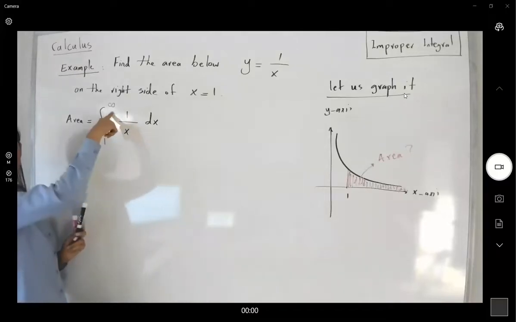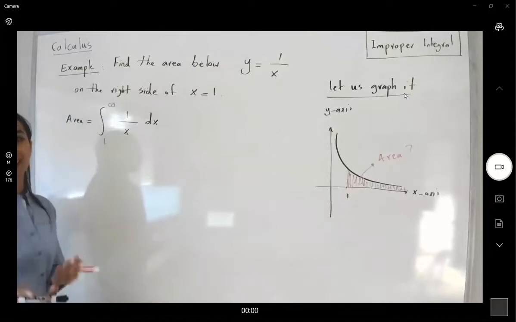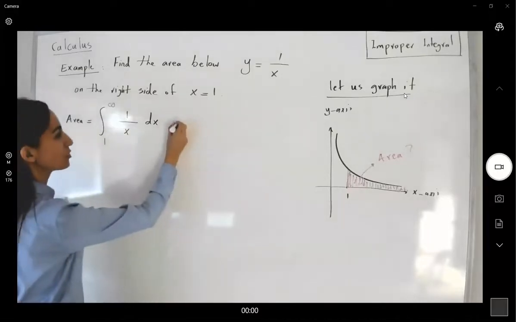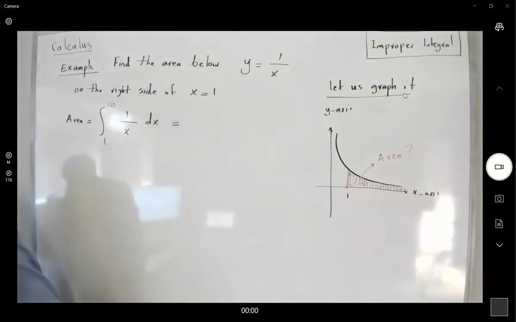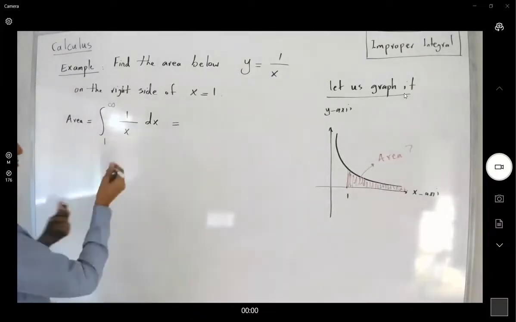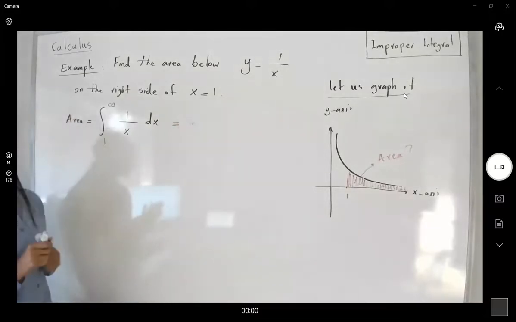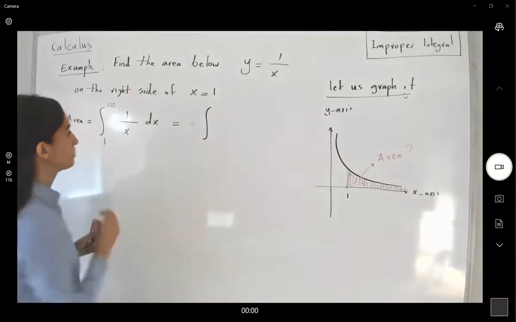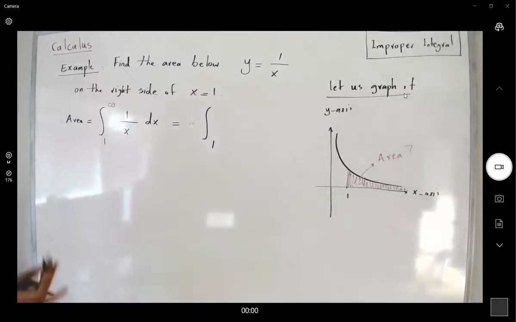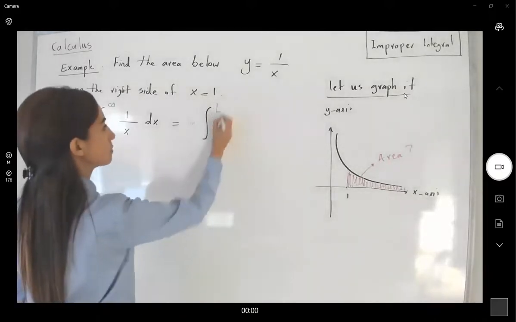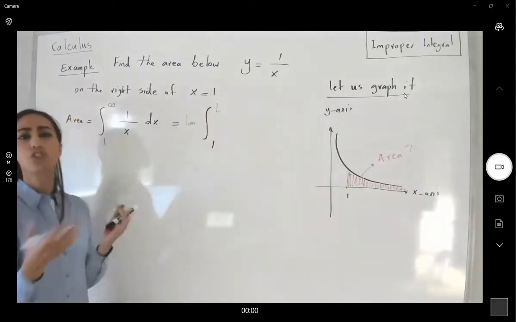First of all, since one of these boundaries goes to infinity, we're going to use the limit concept. So this is equal to the limit of the integral from 1 to L, as L, or T. Sometimes you can just change these variables.